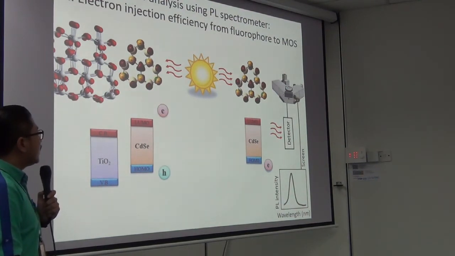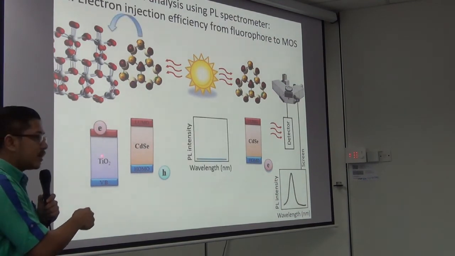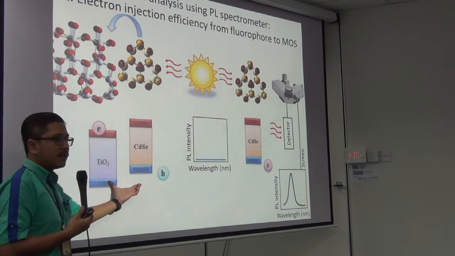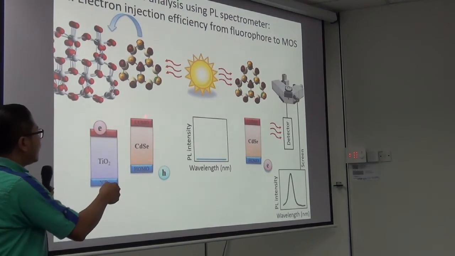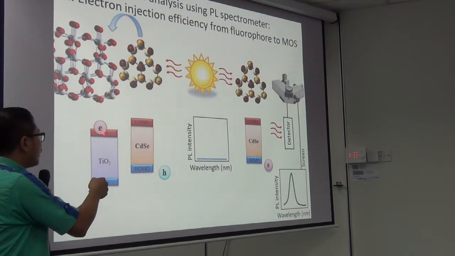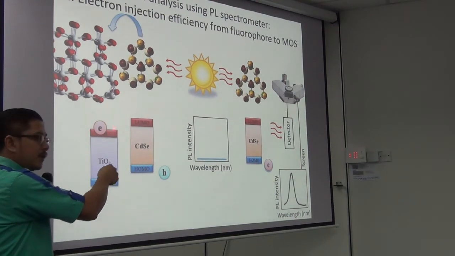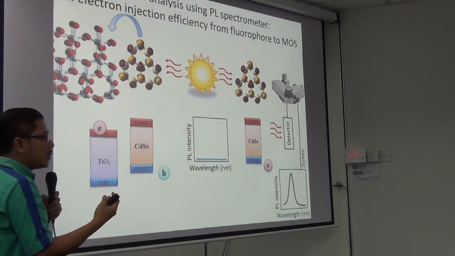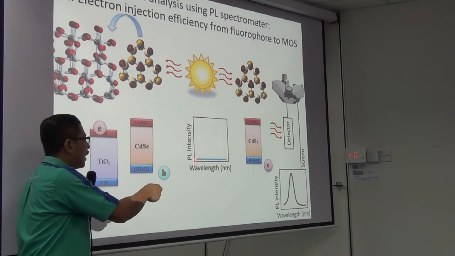The second consequence is that this electron will be injected to the conduction band of the metal oxide semiconductor, which is the perfect condition for photovoltaic generation. We want this mechanism. If this electron is injected to the conduction band of the metal oxide semiconductor, this is a non-radiative process. Non-radiative means it doesn't produce light, and if it doesn't produce light, the PL will detect no light.